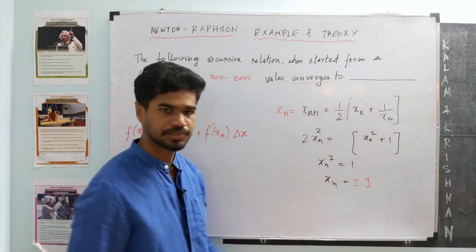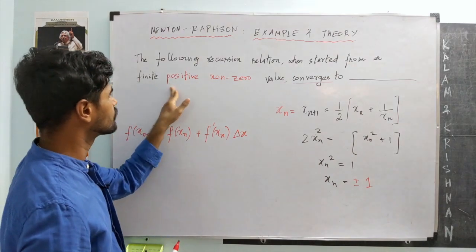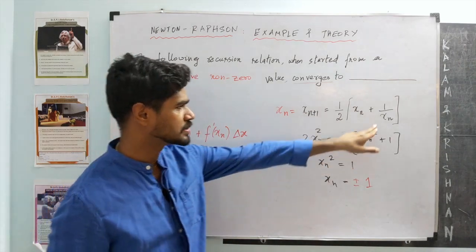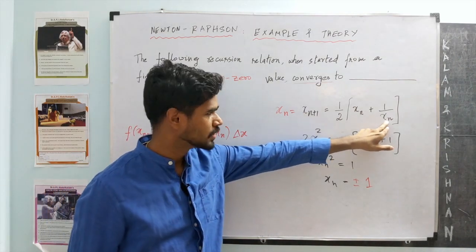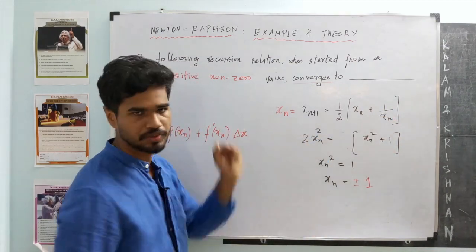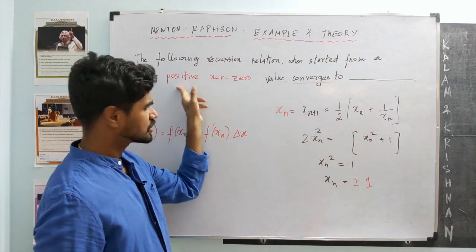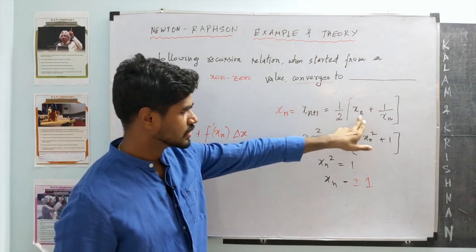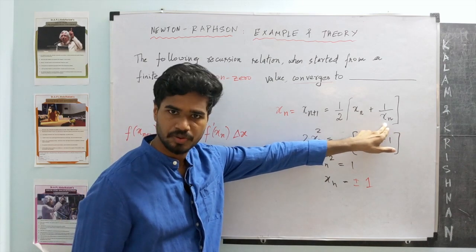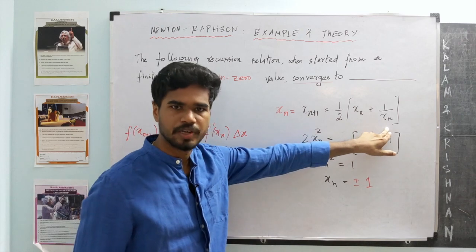This is important because what we are given is that it starts with a finite positive non-zero value. First, it's non-zero. What happens if the value we start with is 0? It's 0 plus 1 by 0. Things blow up, right? So it's non-zero. We start out with something non-zero, that's good. Then we start out with a positive value. When we start with a positive value, x_n is positive, 1 over x_n is positive. Agree? So the sum of the two positive values remains positive.